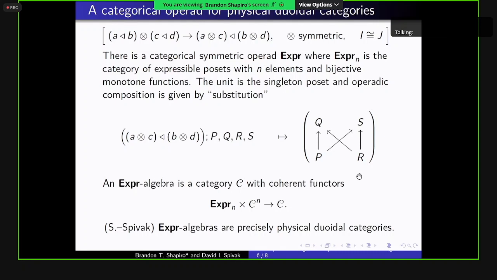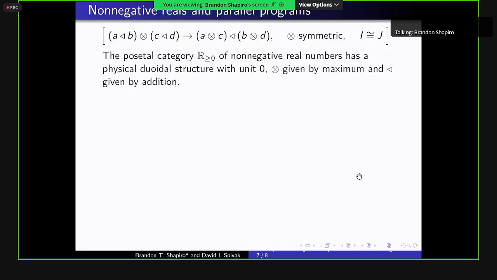And so before I finish, I just want to quickly do another example that hints at some of the applications that came up while we were doing this project. There's a very simple physical duoidal category where the objects are non-negative real numbers, and the morphisms are just the less than or equal to relations. So we take this poset of non-negative reals, we give it 2 monoidal structures, max and plus, which both share 0 as a unit.